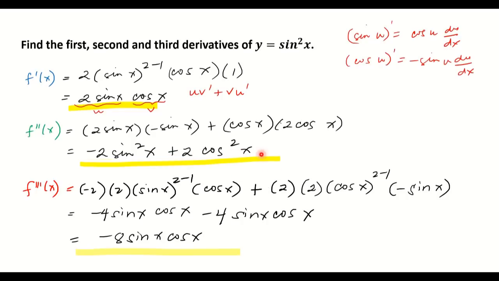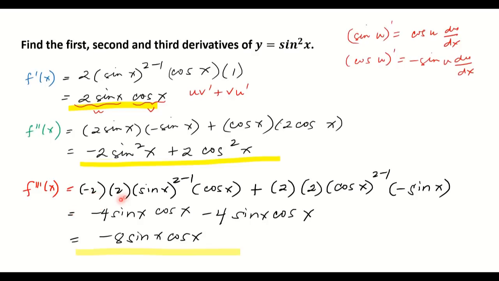By chain rule, let us get the derivative of cosine squared x. We have 2, and then cosine x, then we have 2 minus 1, and then the derivative of cosine x, or the inside function, and that would be negative sine x.